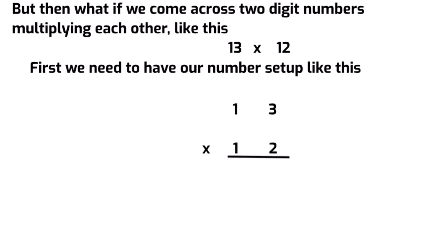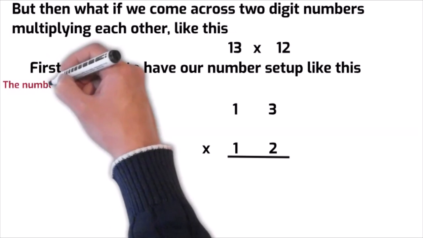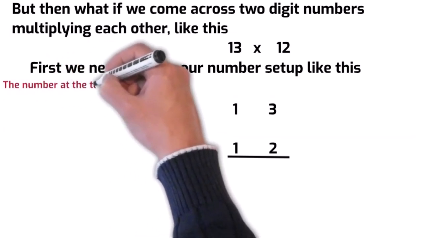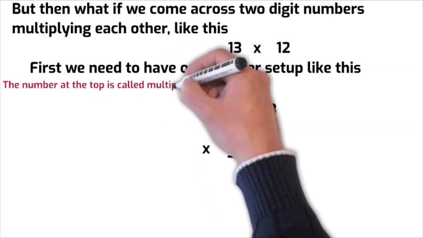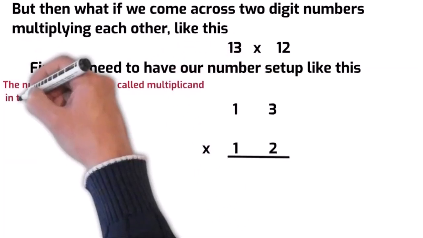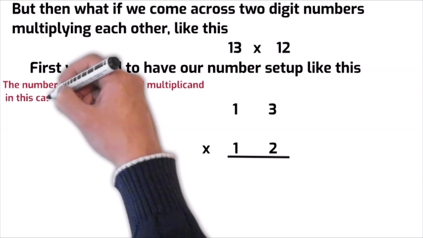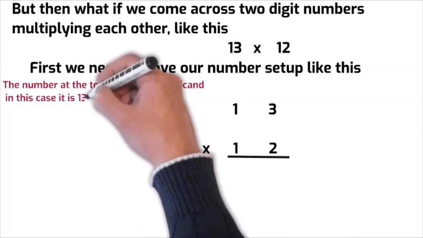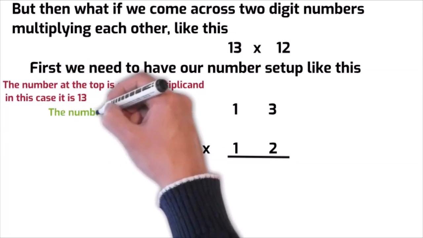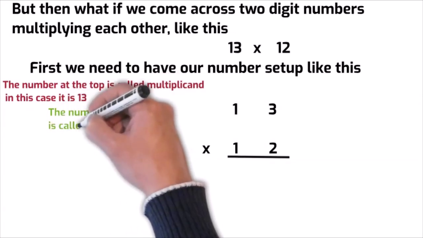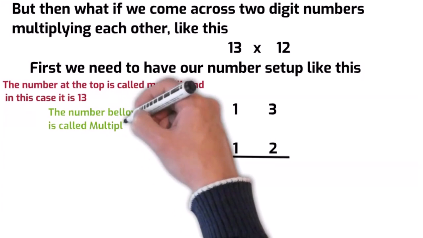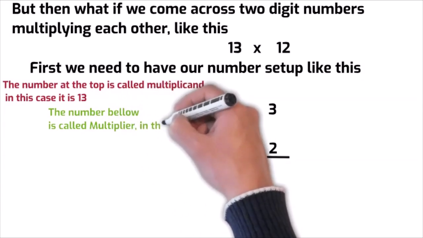Next, we need to know these 3 vital points. 1. The number at the top is called the multiplicand. In this case, it is 13, while the number below is called the multiplier.